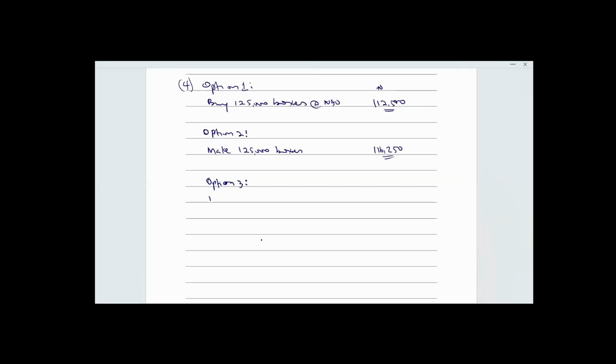Then option number 3. The company can make 100,000 boxes at 85 kobo per box. When you multiply that, that will give us 85,000 naira. Then the company will buy the balance of 25,000 boxes from an outside supplier at 90 kobo.